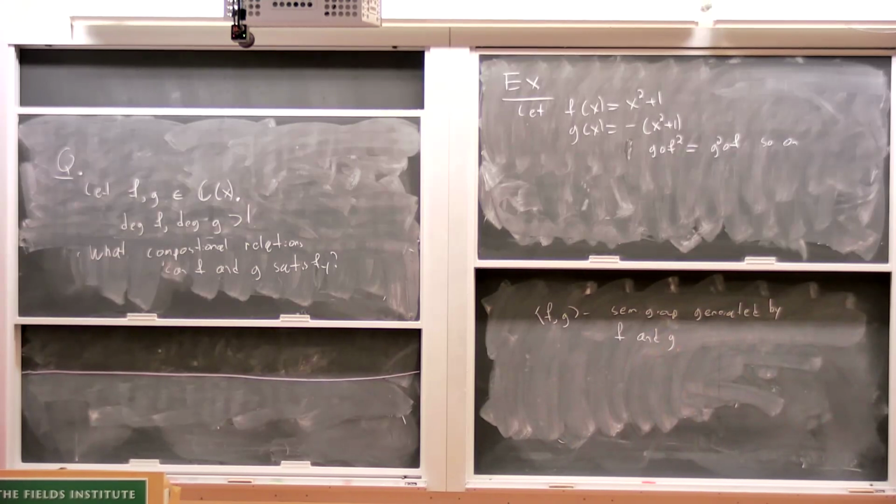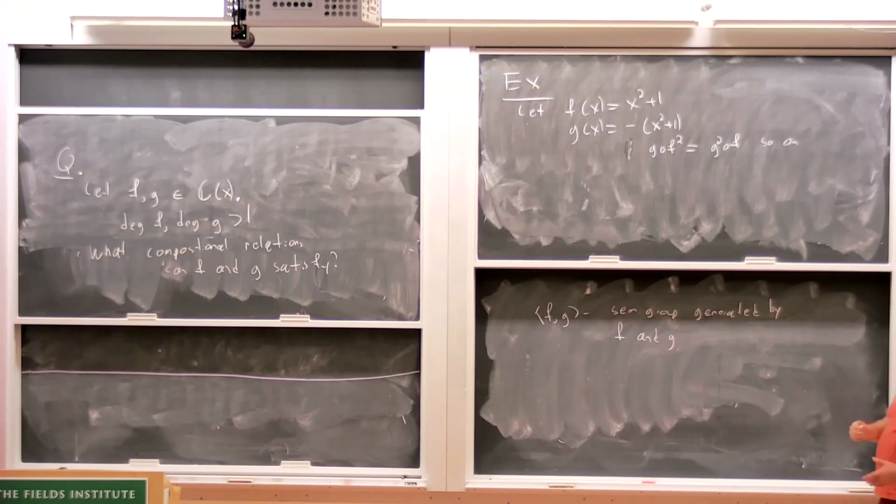Let me quantify it a little better: such that for all d, the size of this set is less than or equal to b.